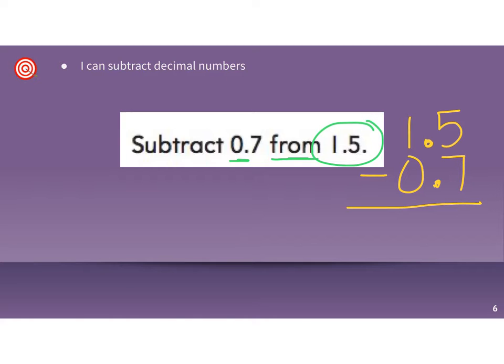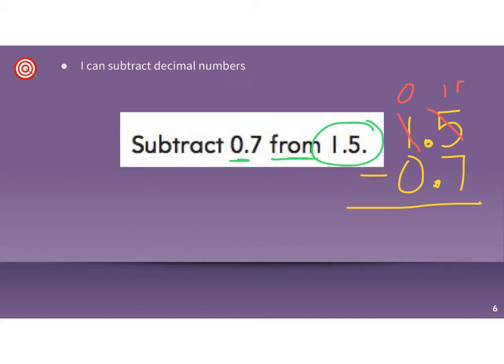And when I line up the decimals, that means I've lined up my places, and then I can ask myself, what is 5 minus 7? I can't do that without regrouping. I need to come over here and take a 1 and trade it in for 10/10 because we know 10/10 make 1.